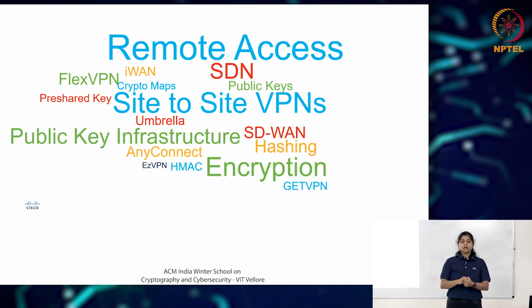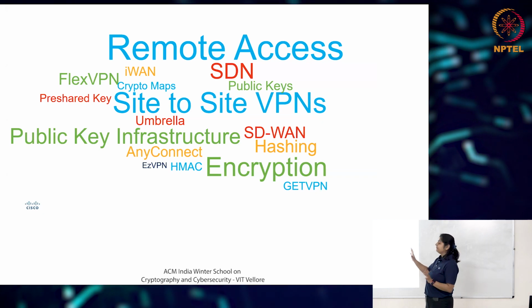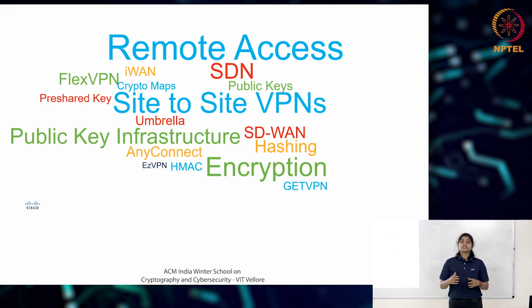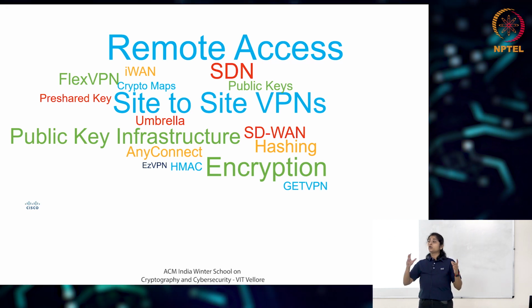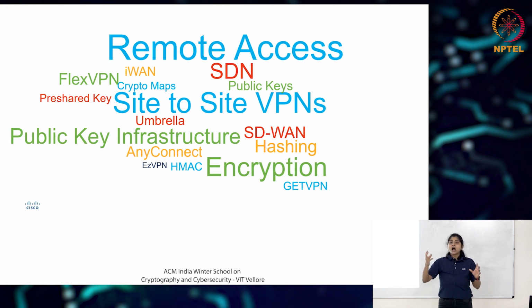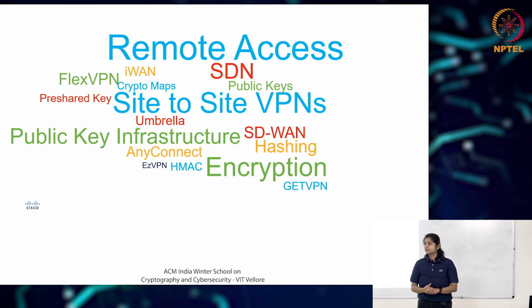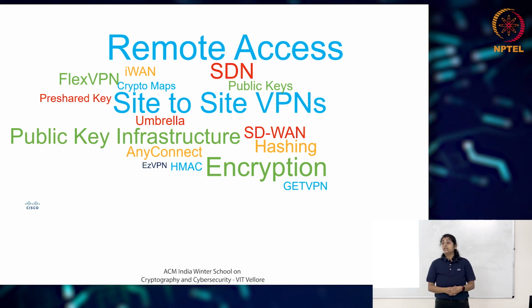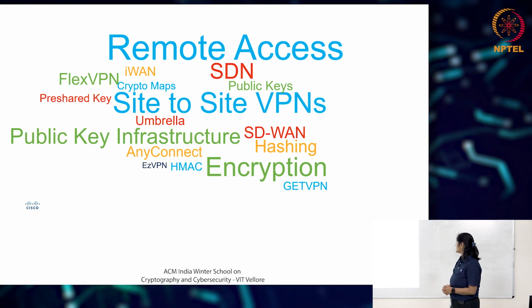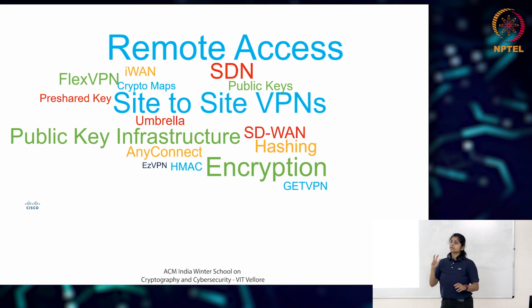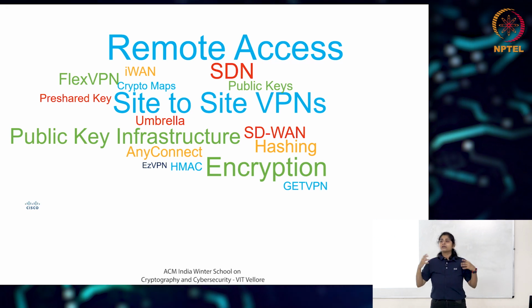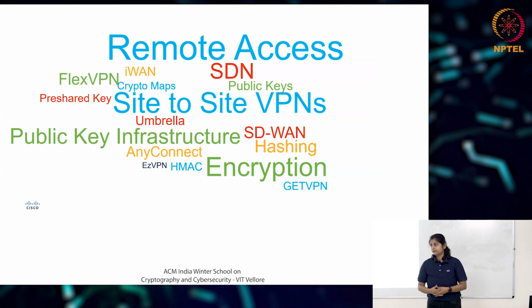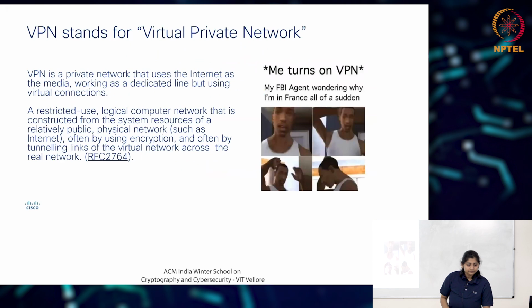Yes, public key infrastructure is one of the core things we use in VPN that actually secures the communication, moreover when we talk about remote access VPNs and how we are securing communications over unsecure media like the internet or public spaces. And hashing and encryption are the algorithmic components of how we are securing those VPNs. So we will get into that.